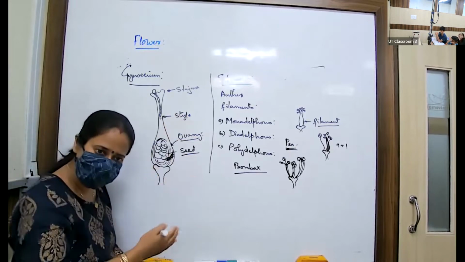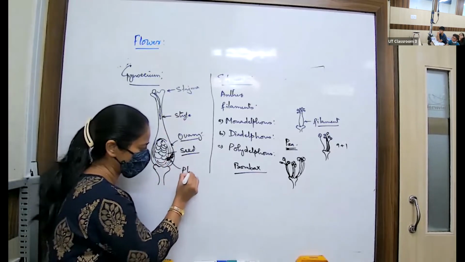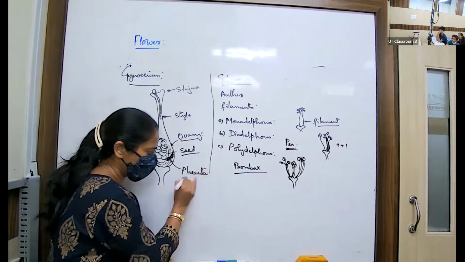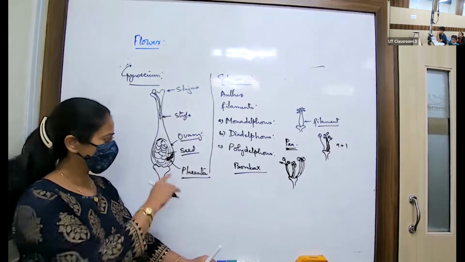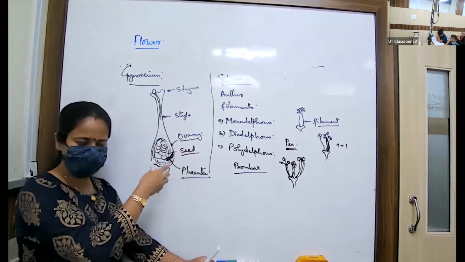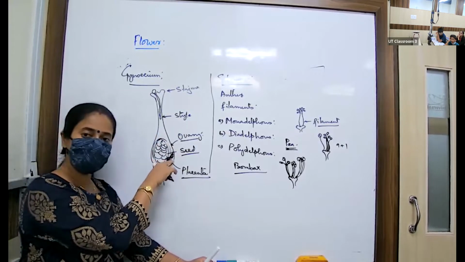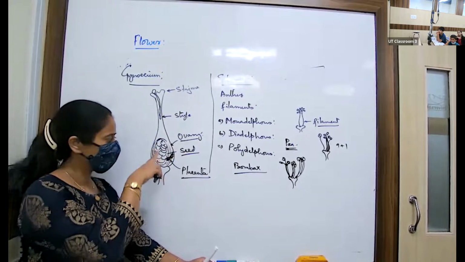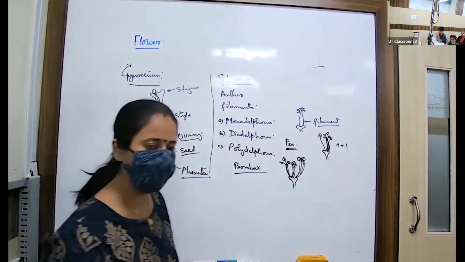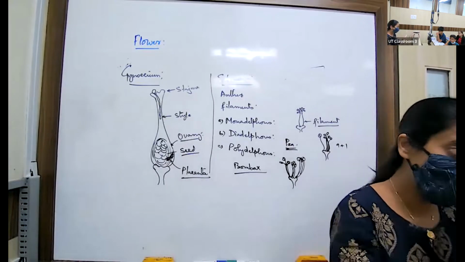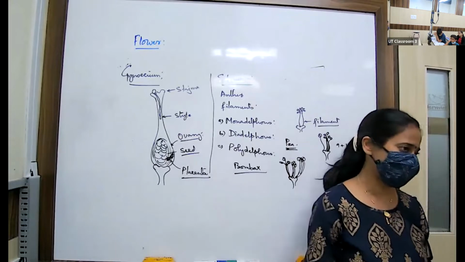Why? To supply nourishment. What is this tissue known as which supplies nourishment from the ovary wall? This is known as the placenta. The tissues may be arranged differently, either from here or from anywhere. So these tissues which remain connected between the forming seed or the embryo and the ovary wall, which takes nourishment from the wall of the ovary for the formation of the entire seed, that is what is called the placenta.